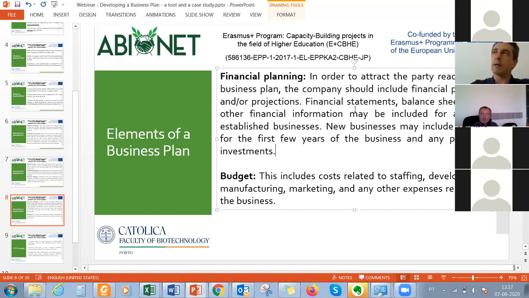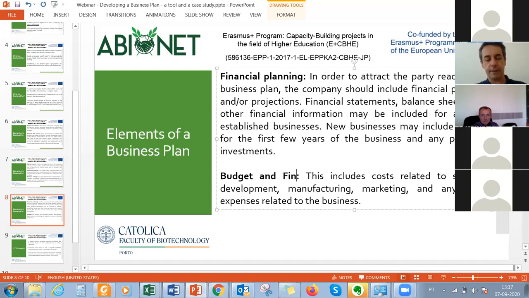So the tool will end up not only with the budget, maybe that's not the best way to put it, it is not only related to the budget, but also different financial statements.